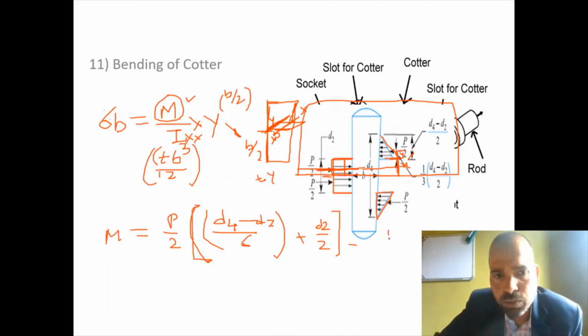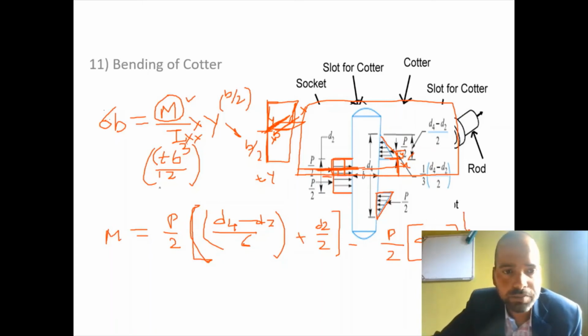So this is equal to P by 2 minus d2 by 4. So from where we have taken the center of gravity of rectangular distribution of forces, multiplied by the perpendicular distance. So this P by 2 multiplied by perpendicular distance is d2 by 4.